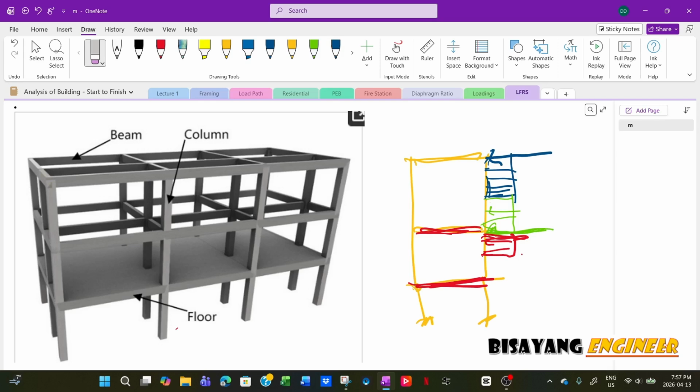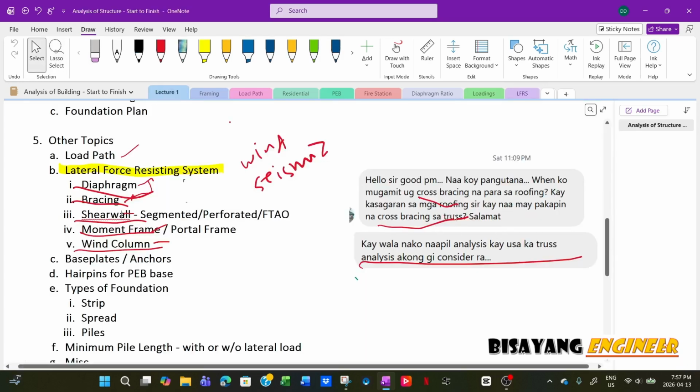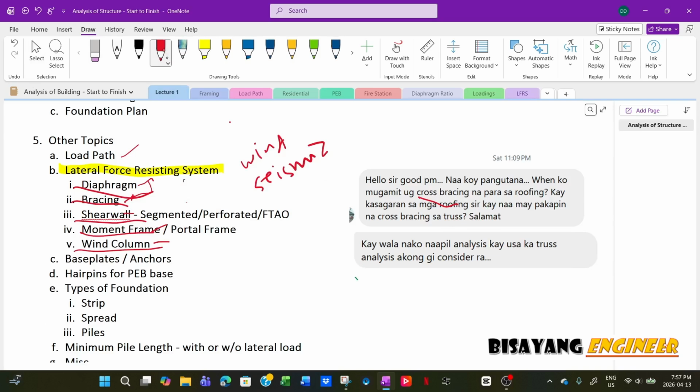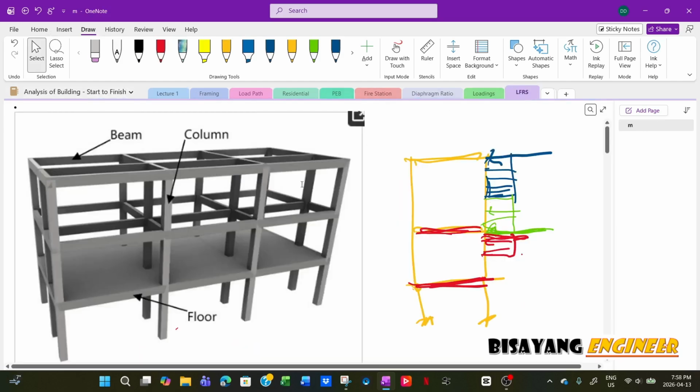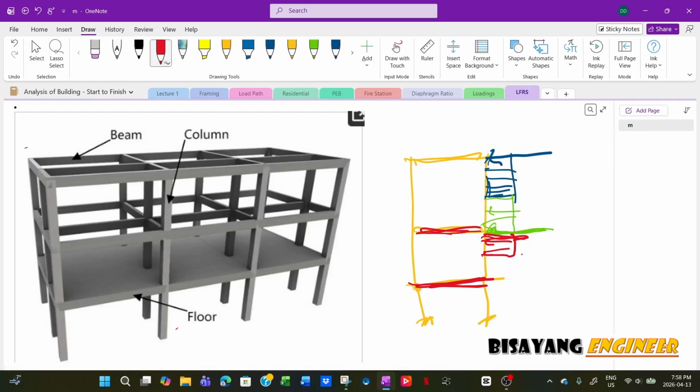And now in this question here, I would assume, based on our further discussion, that this is his frame, and then you have the trusses here, like that.